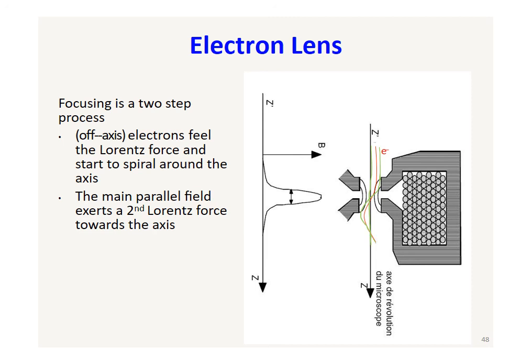So the further the electrons are from the optical axis, they feel a greater Lorentz force. So that means that electrons outside are going to be bent more. Electrons that are traveling down the middle are not bent at all. And that is, of course, focusing. So here we have the focus.